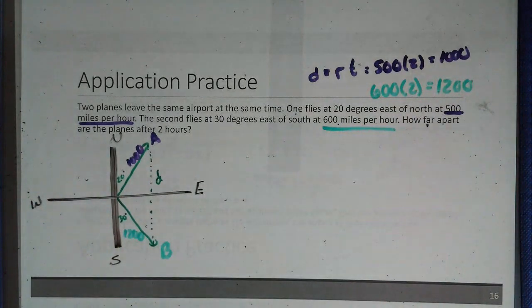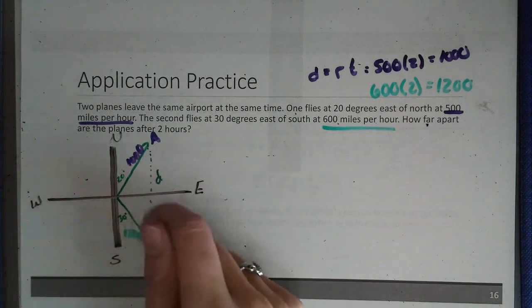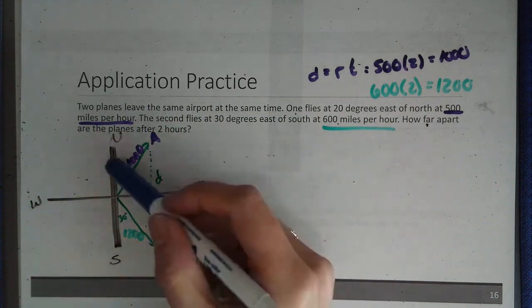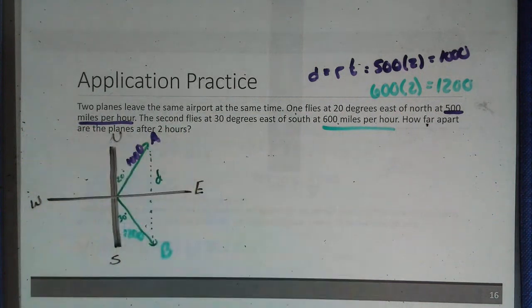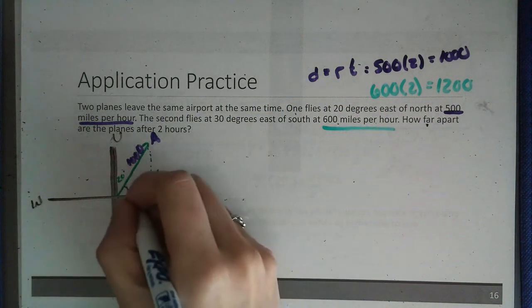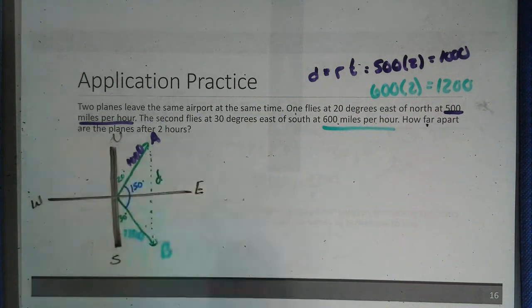So it looks like I know 2 sides. I don't know the third side. Maybe I can find an angle going on in here? Well, all the way from north to south is 180 degrees. If I take away the 20 degrees and the 30 degrees that I already know, that leaves this middle angle to be 150 degrees.